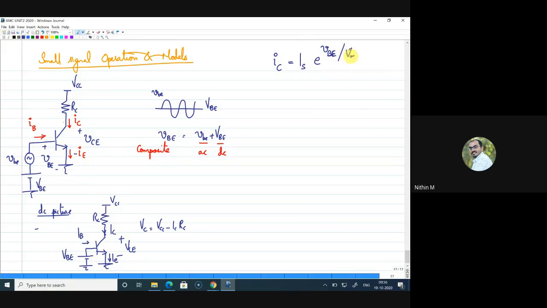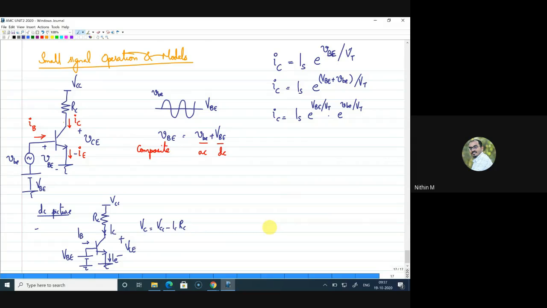If I write this further, I can substitute for VBE, which is the DC voltage VBE plus the small signal voltage vbe, divided by VT. Or I can write this further as IS into e to the power of VBE by VT into e to the power of small vbe by VT, right?